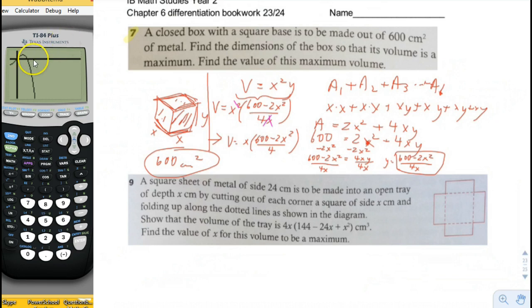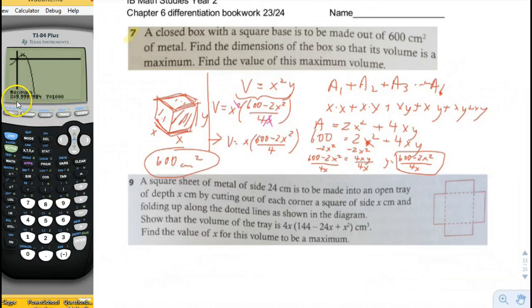Okay, and then we're going to find what is the maximum point. Looks like it's that, right? So we'll do second calc, maximum, which is 4, and then with the left bound, there's the cursor. It was way to the right. Hit enter on the left side of the little hill, and then we go to the right side, we hit enter again, then we guess.